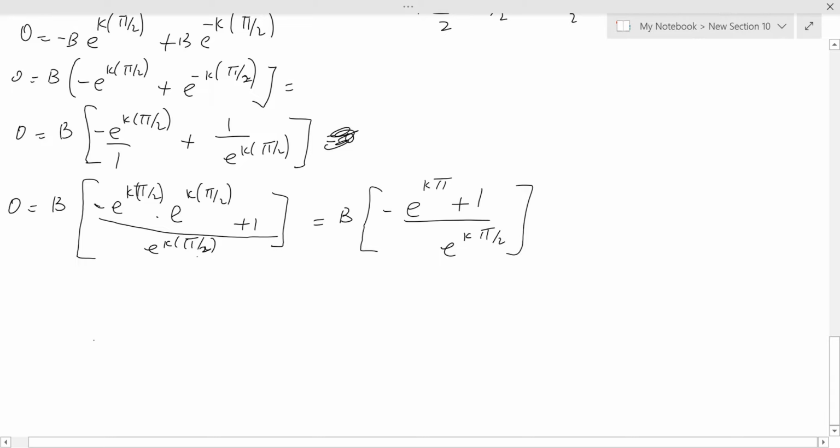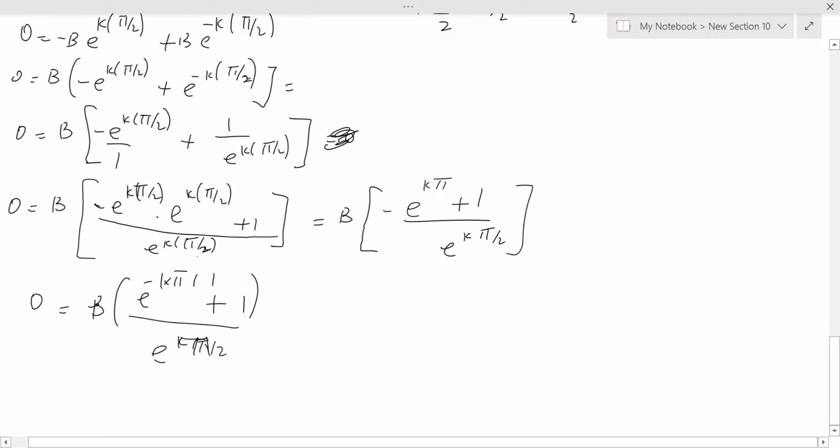What can we do here? So at this point now, we have 0 is equal to b times the bracket of minus exponential k pi plus 1, divided by exponential k pi over 2.